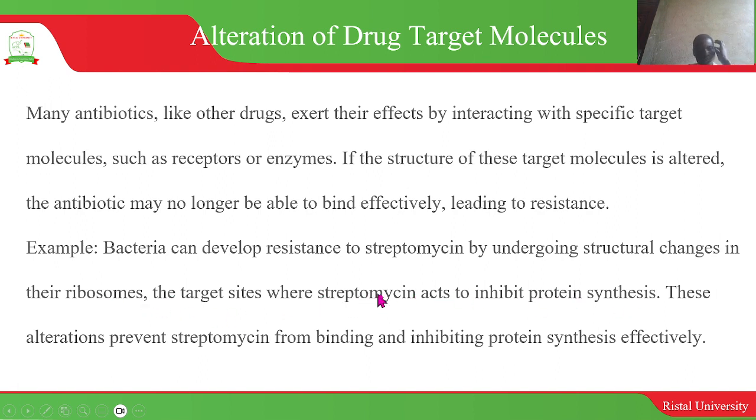It binds the ribosomes and prevents the bacteria from synthesizing more proteins. These alterations prevent the streptomycin from binding and inhibiting protein synthesis. So what happens is that when an alteration happens, this drug will not work because the inhibition will fail, and then the bacteria proceeds with producing more of its proteins, and that means replicating, and the effect of the drug will not be felt.